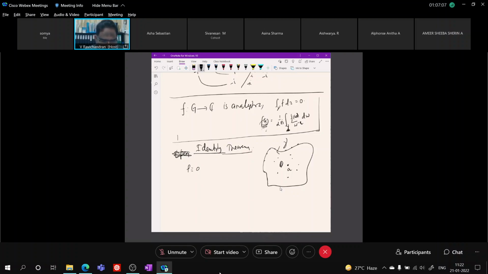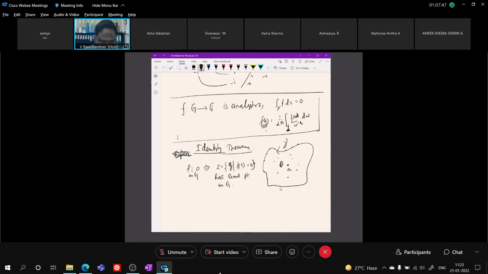This says that the function f is identically 0 if the set of zeros, if you consider the set of all points z where f of z is 0, this set has a limit point in G. So f of z will be identically 0 in G, provided the set of zeros of the function has a limit point in G. If f is identically equal to 0, then this set will be G, and therefore it will have a limit point. That is no doubt. The converse is also true, and that is the identity theorem.